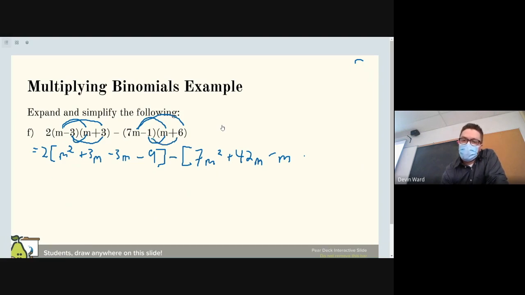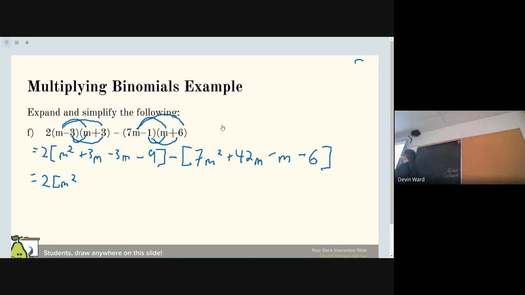Negative 1 times positive 6, negative 6. Now we're going to simplify it. Okay, so you have 2m squared. What's 3m minus 3m? Okay, our like terms are here. Positive 3 minus 3 is 0. So here they're going to cancel out.